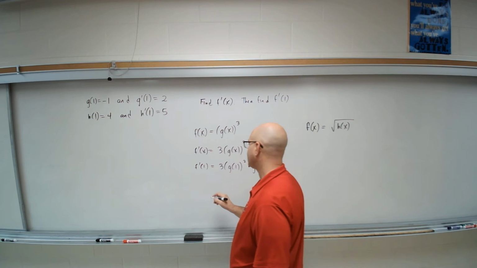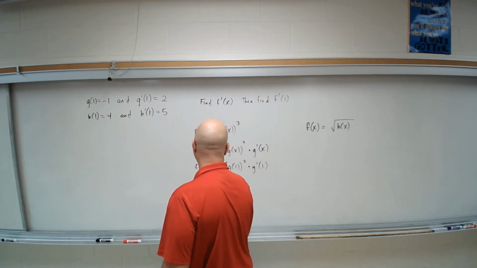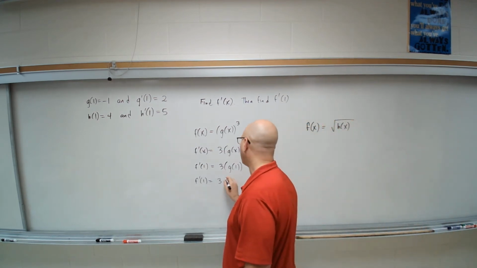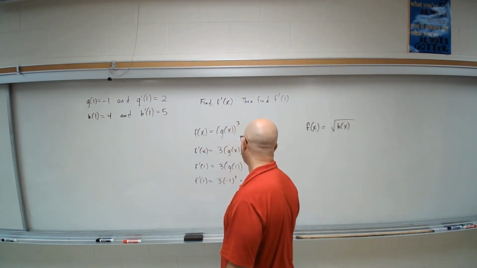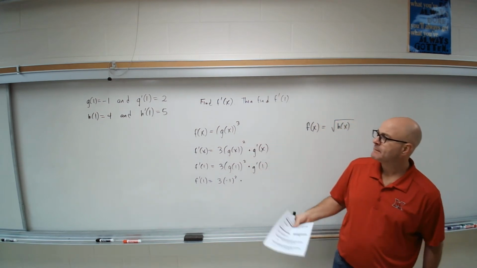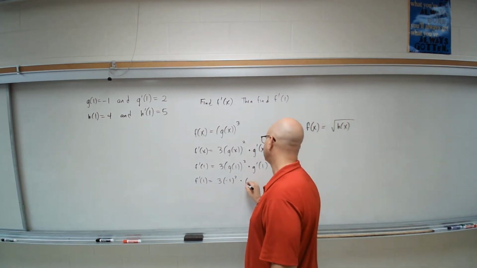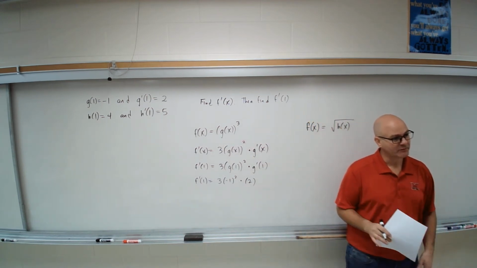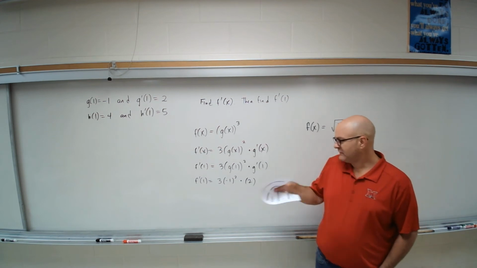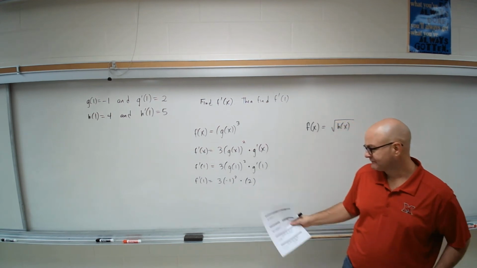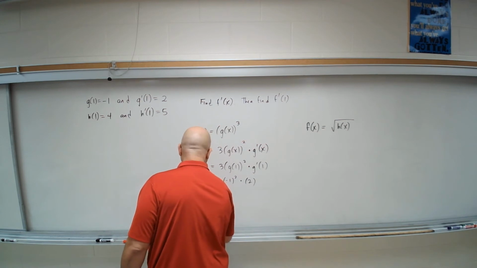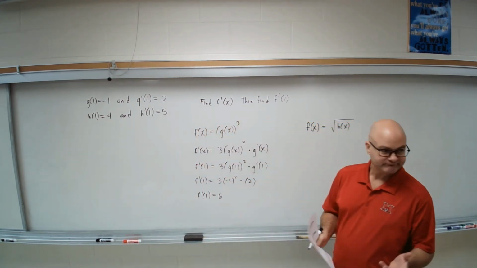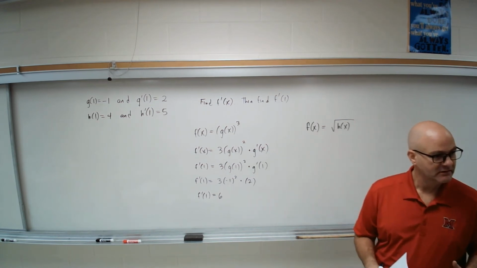So this will give us 3, and then g of 1, we're told is -1, so that would be -1 squared, times g prime of 1 would be 2. And again, the chain rule is all linked with multiplication, right? Everything's multiplied together. So we get 3 times +1 times 2, so we get f prime of 1 equals 6. Does that seem to work for us?